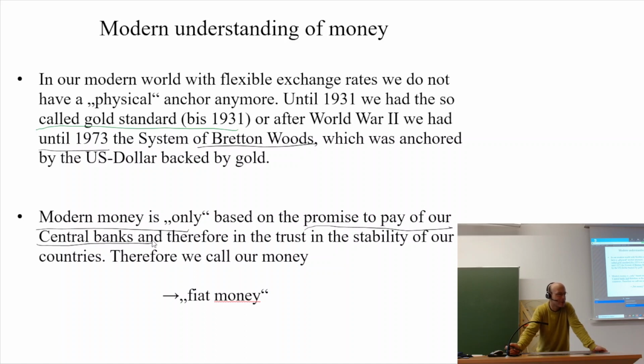And it is of course not only a promise of the central banks, because who owns the central banks? We ourselves. So we are promising ourselves that we have a stable money. And this we really have to keep in mind. We make the promise to ourselves in the stability of our societies.